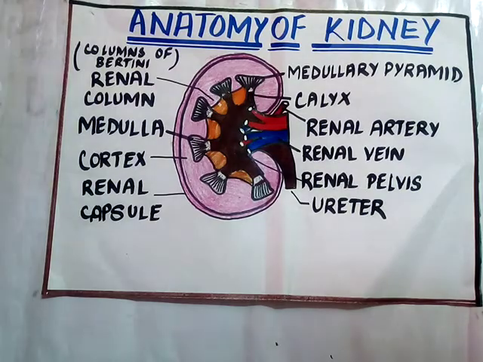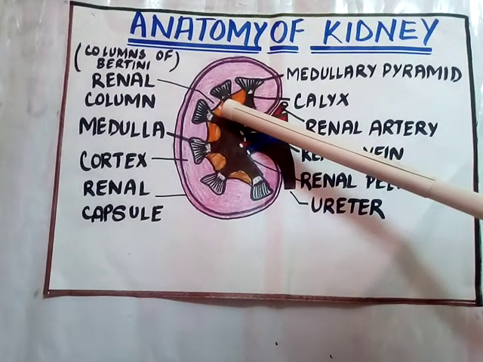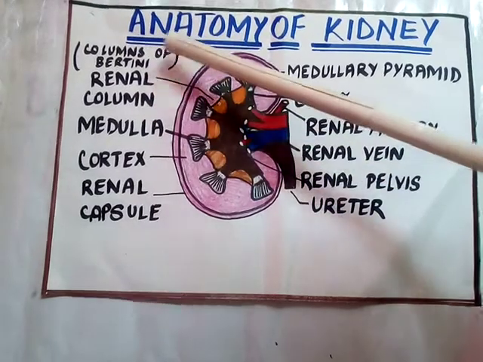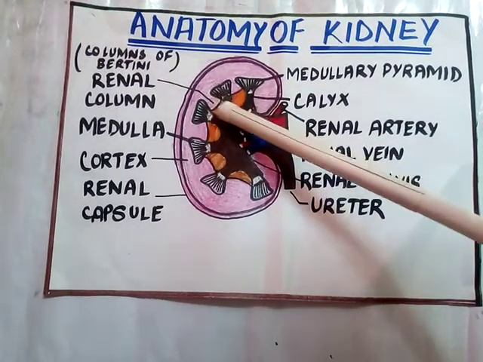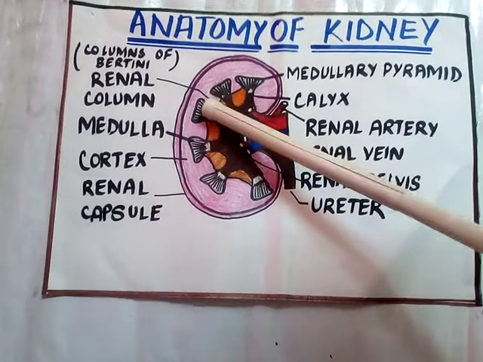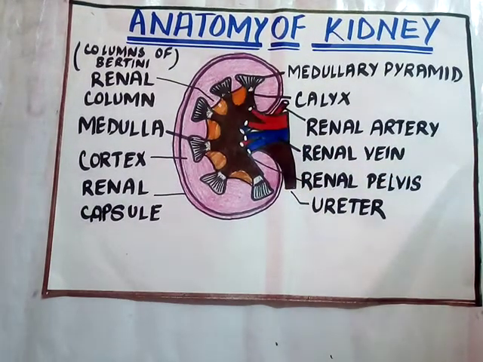As you are watching, the depression between two medullary pyramids is known as the renal column, or the columns of Bertini. This is the depression between the two medullary pyramids up to which the cortex is extended.